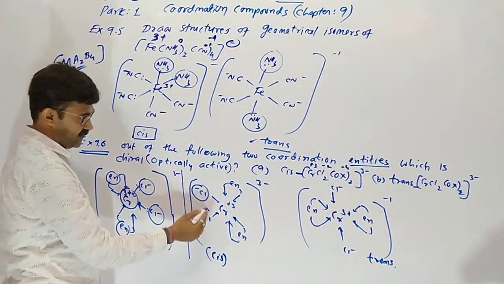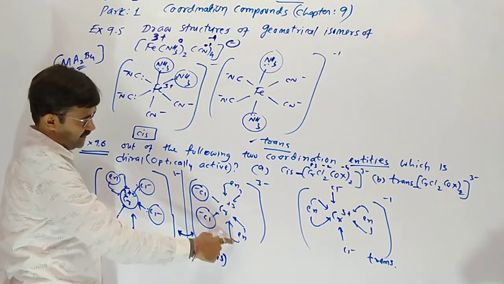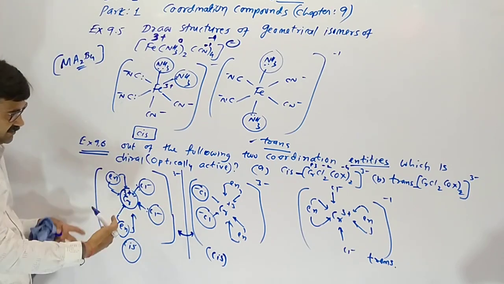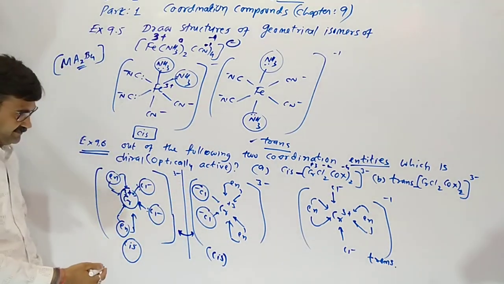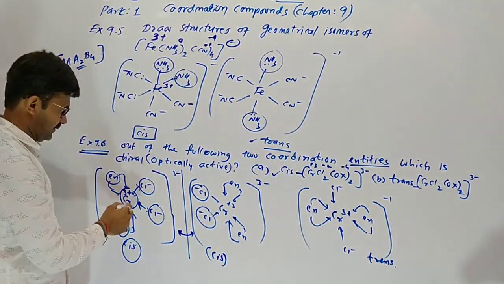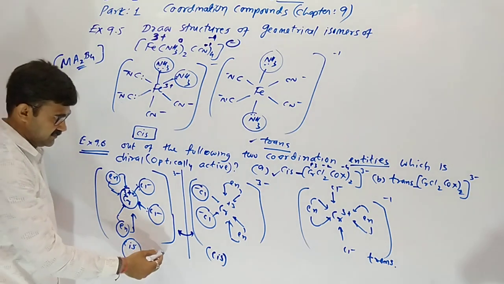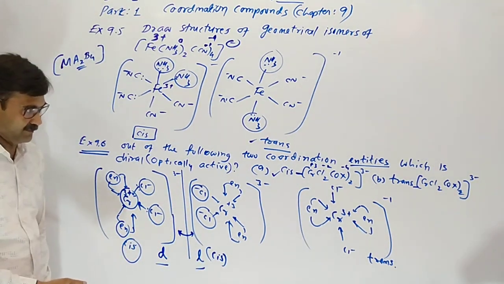So it is not matched with each other without changing plane. So cis isomer gives a chirality. One should be dextro, another mirror image is laevo.